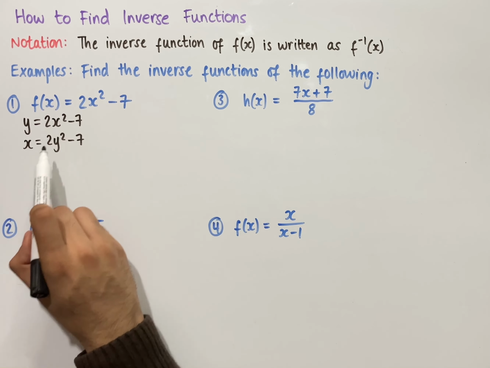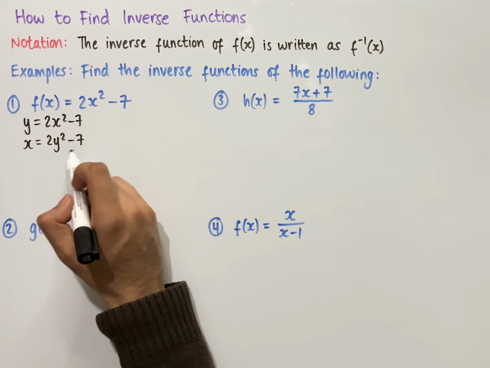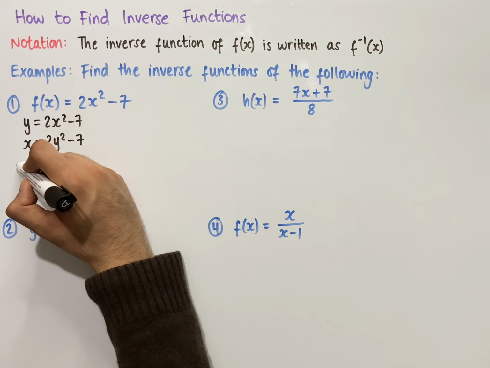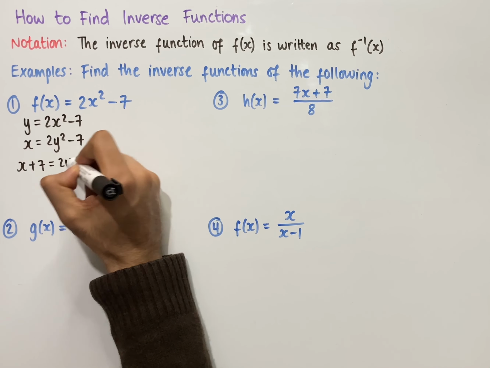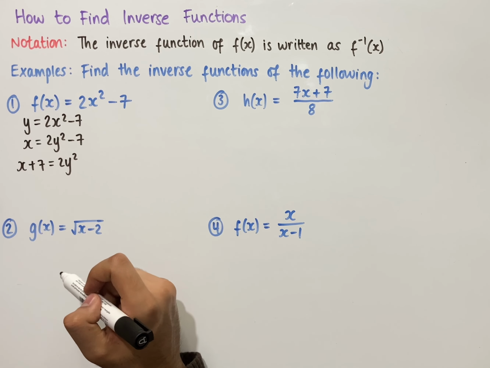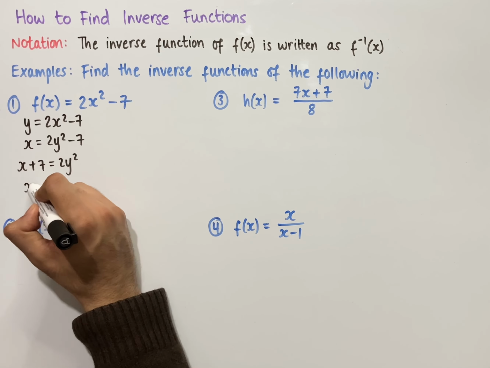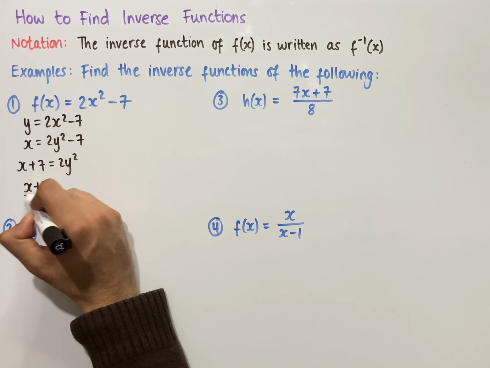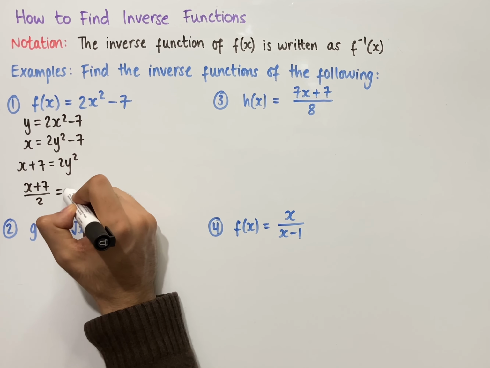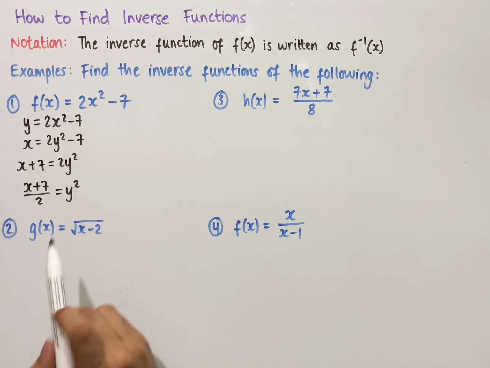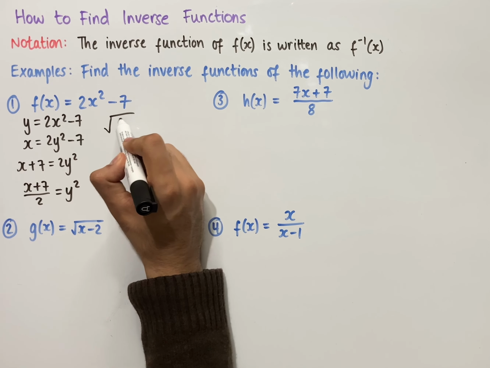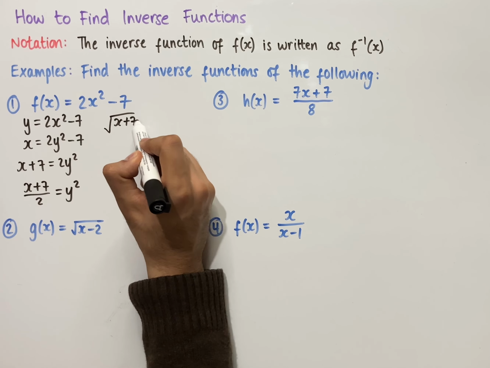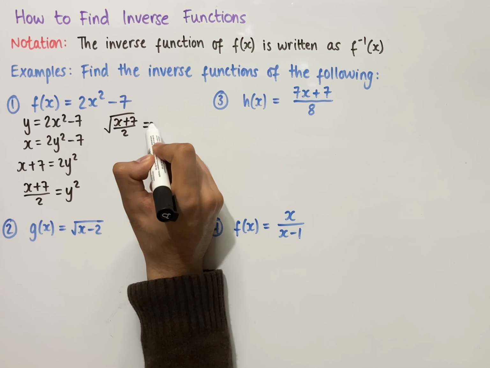And now rearranging for y, we can first start by adding 7 to both sides, which gives us x plus 7 equals 2y squared. We can then divide both sides by 2, which gives us x plus 7 over 2 equals y squared. And then finally we can take the square root of both sides, which gives us the square root of x plus 7 over 2 equals y.